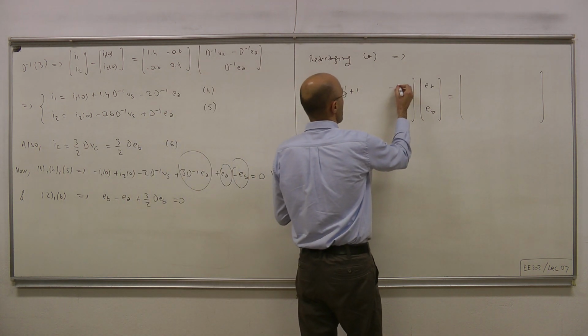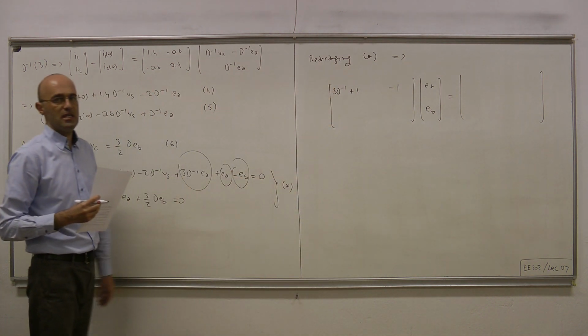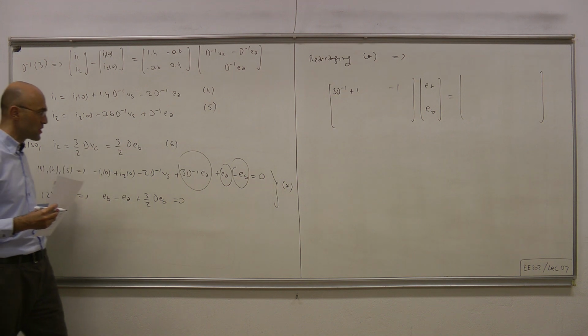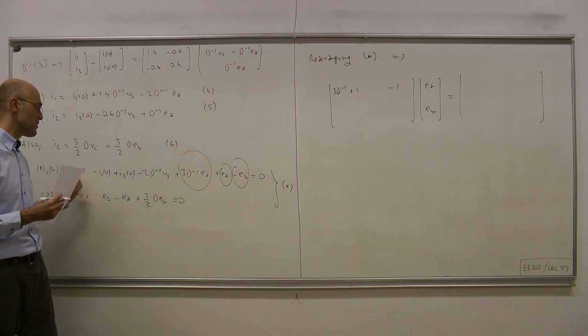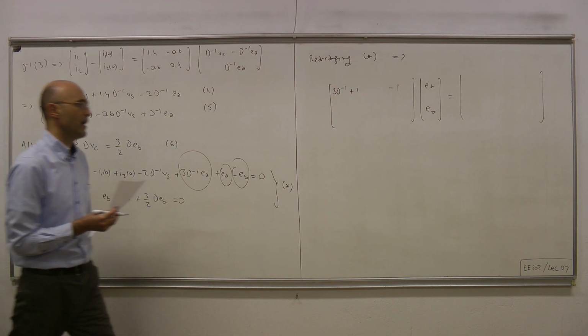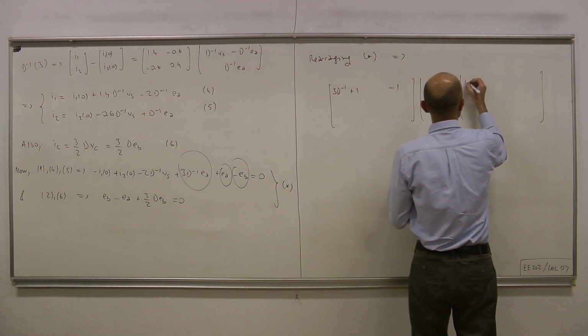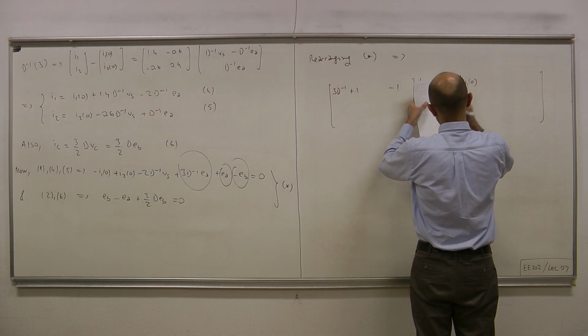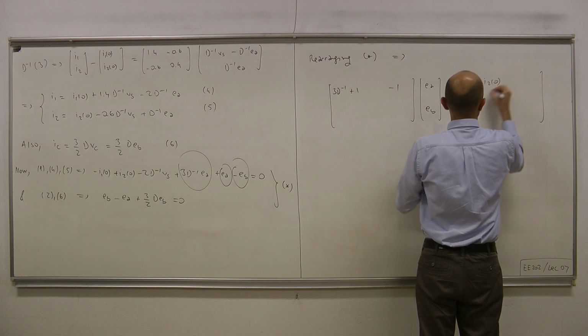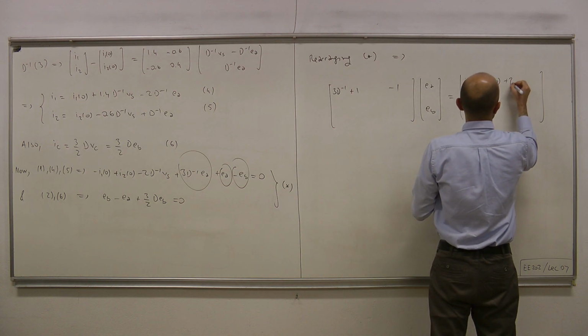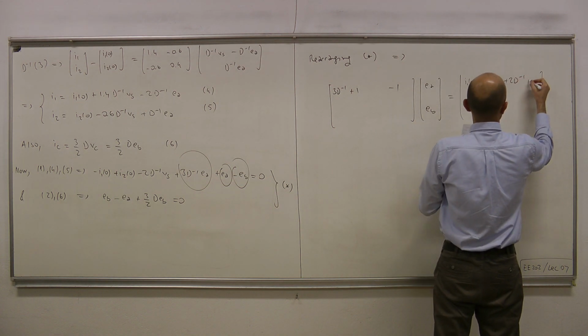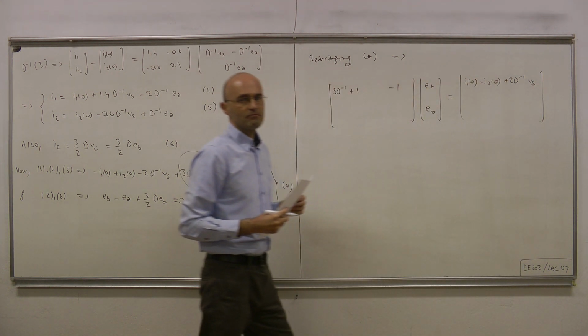We have minus 1 here for Eb. And whatever remains, anything outside formulation variables, we throw to the other side, to the right hand side, and that yields, for this example, the following. Minus I2,0, plus 2 integral of the.